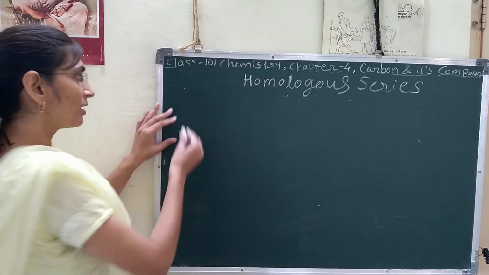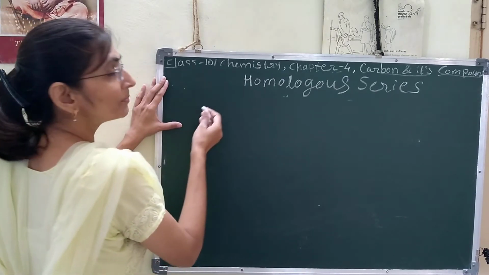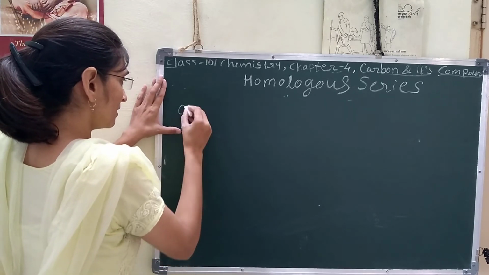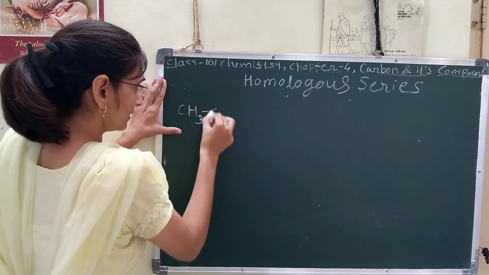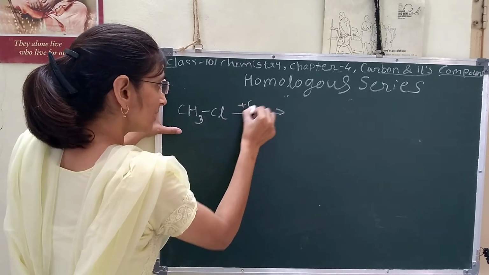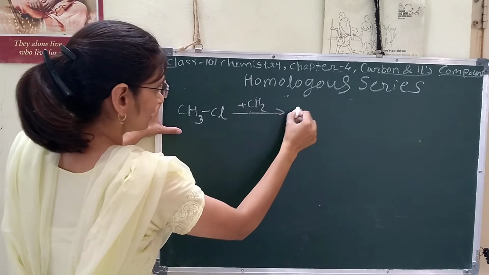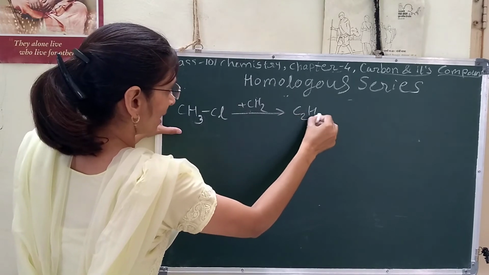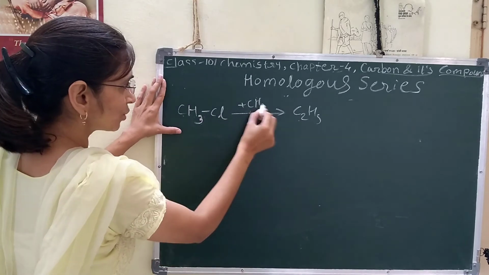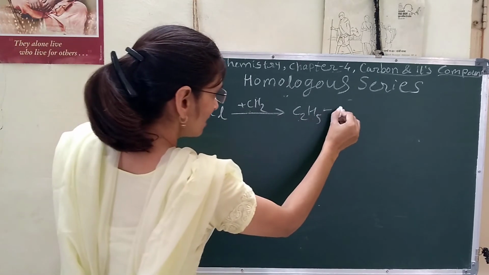We will see the homologous series of the halogen group. So here CH3Cl. Then if we add one CH2, what will be here? C2H5: 1 C plus 1 is 2, 3 plus 2 is 5, and again chlorine.